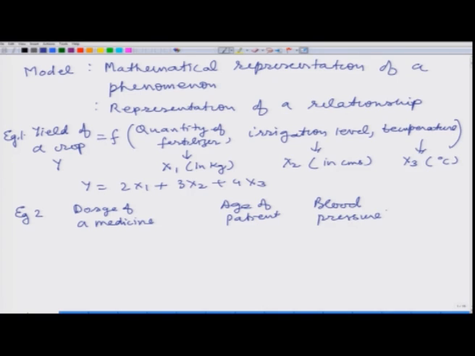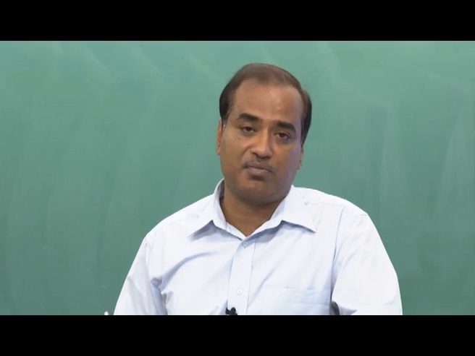Let us assume for a while that the dose of a medicine depends on the age of the patient and blood pressure, and when we find a functional or mathematical relationship between the dose and these, then this will be a sort of mathematical model, right.